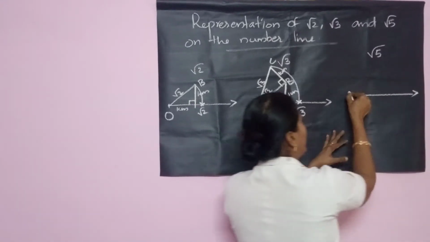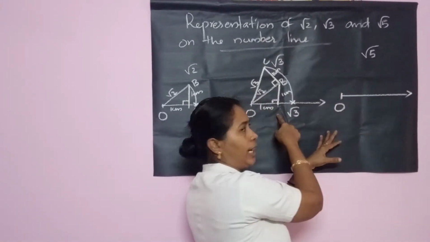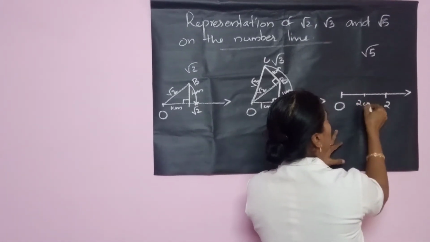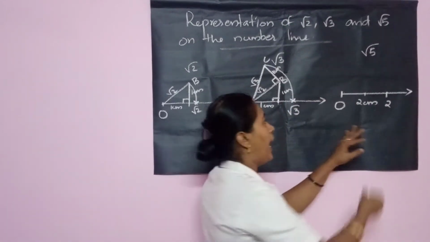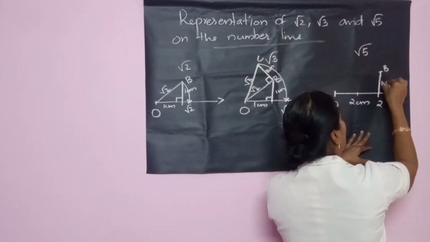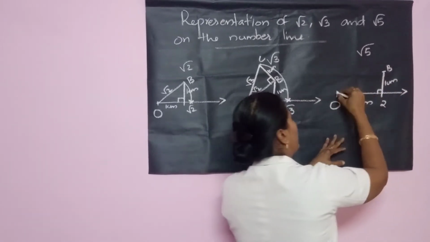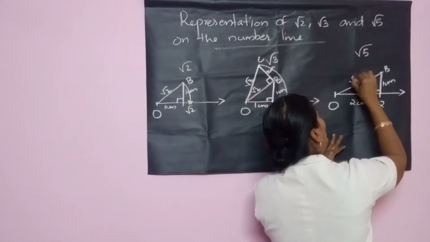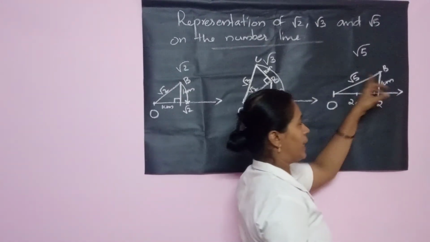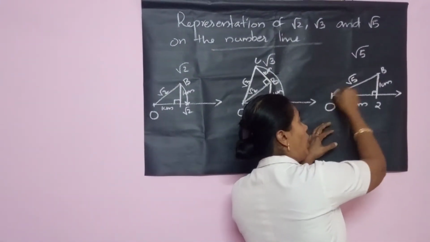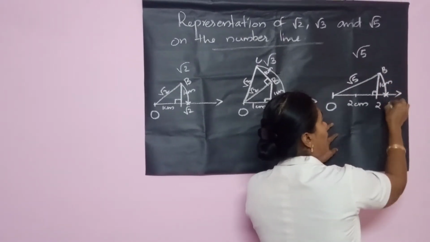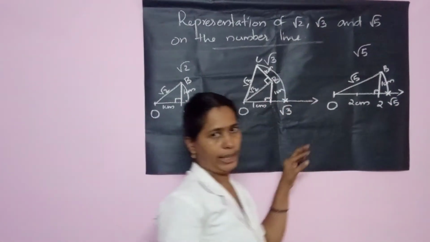Instead of taking 1 centimeter as base, I am going to take 2 centimeter as base and the same altitude of 1 centimeter, which gives OB whose length is root 5. Using compass and pencil, keep the center at O, take OB as radius and draw an arc like this. This point is root 5.